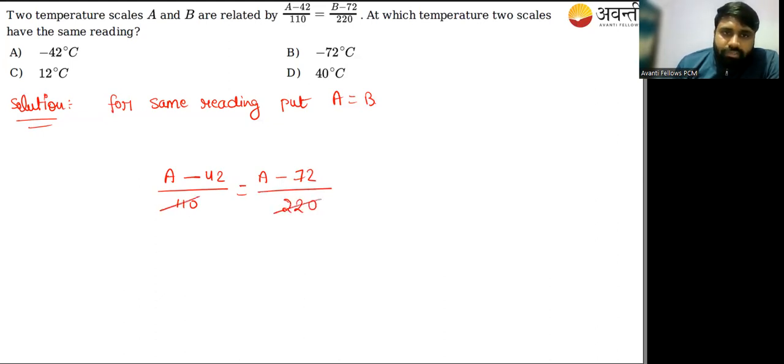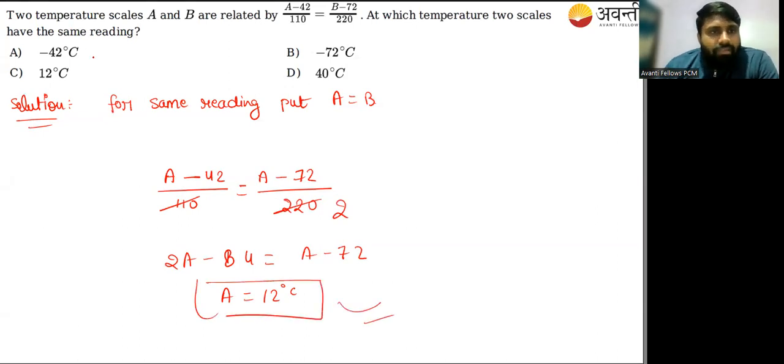The 110 and 220 will cancel out two times. It will become 2A minus 84 equals A minus 72. So A will be minus 12 degrees Celsius. Option C is the correct one. Now in this question, it has to be mentioned that these scales are measured in degrees Celsius.